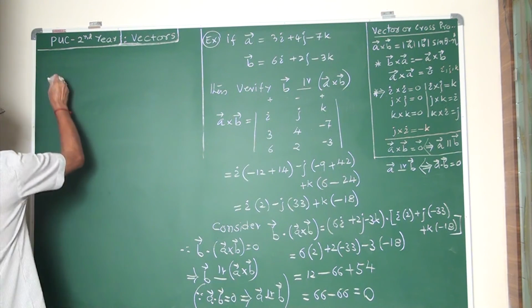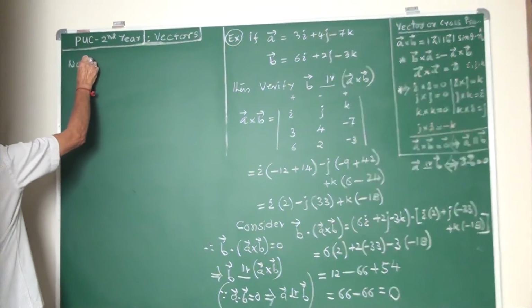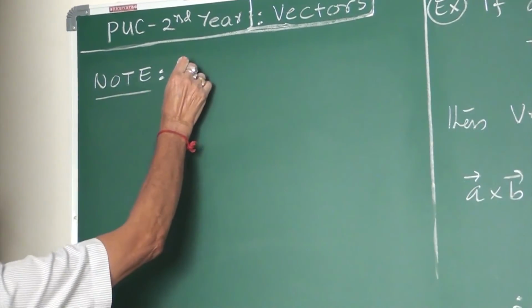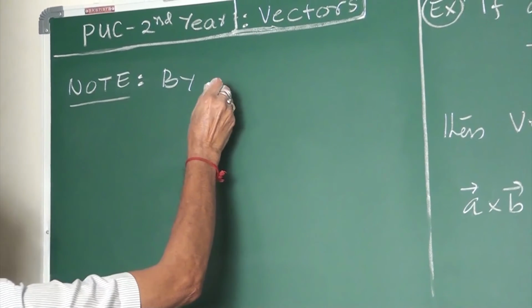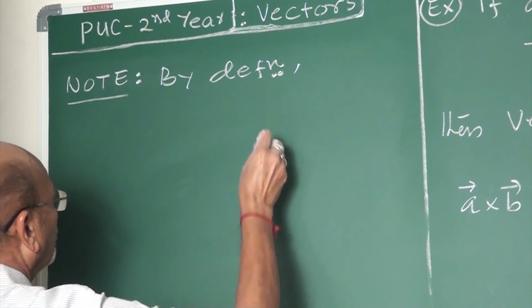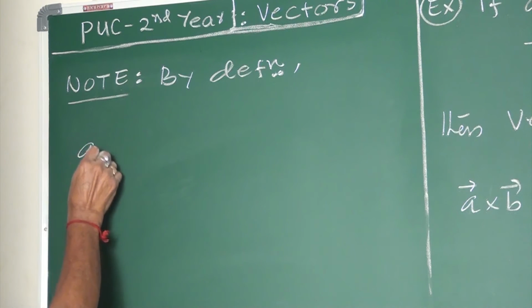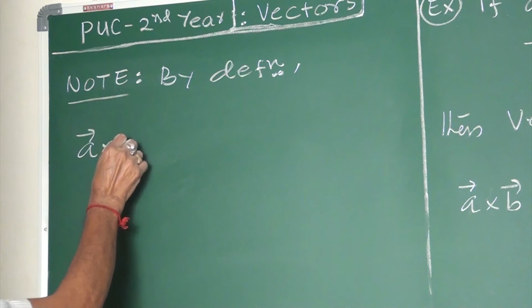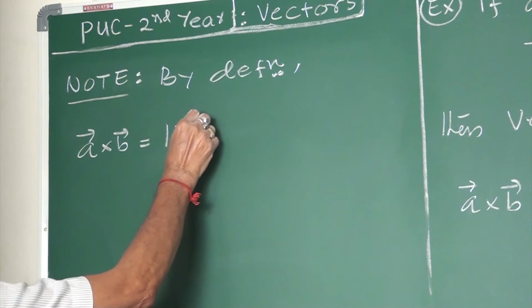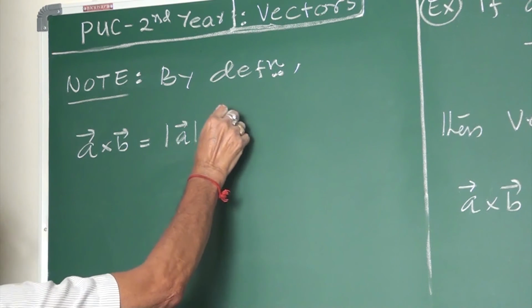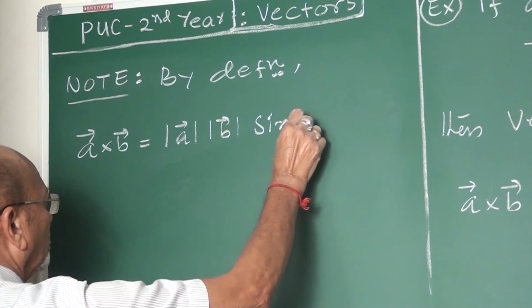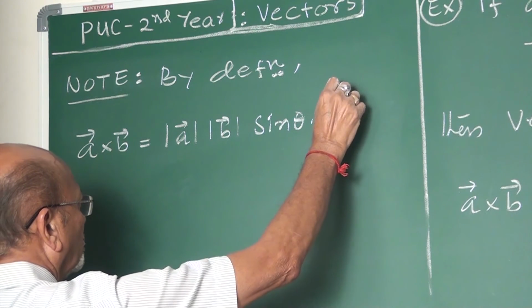Note. By definition of cross product, A cross B is equal to magnitude of A into magnitude of B into sine theta into eta cap.